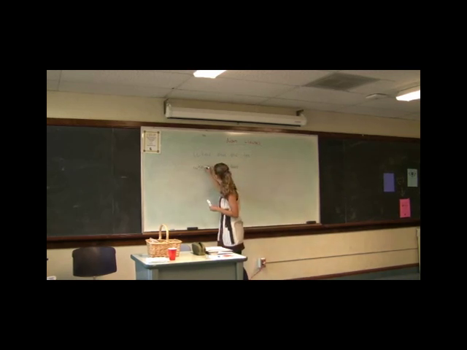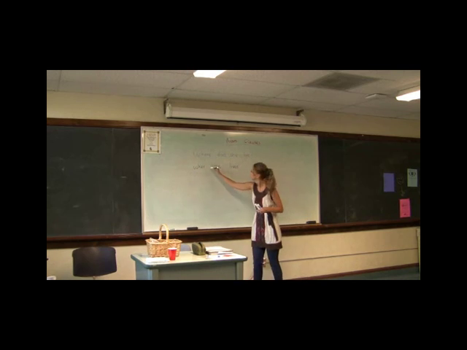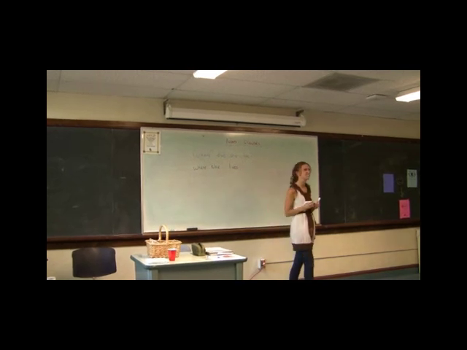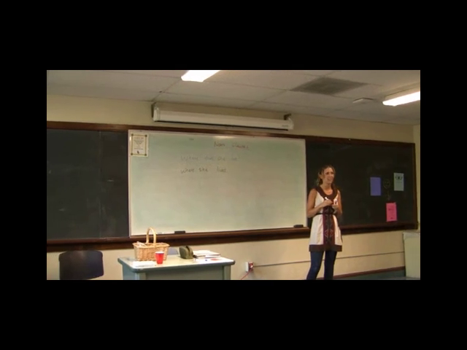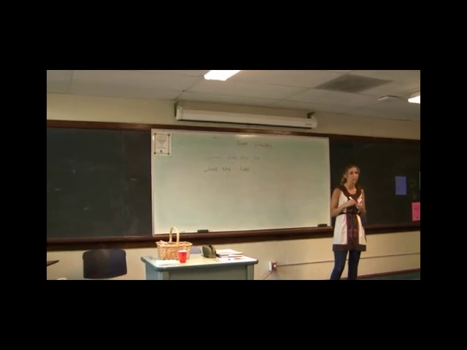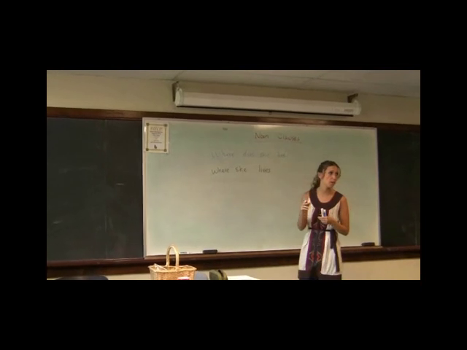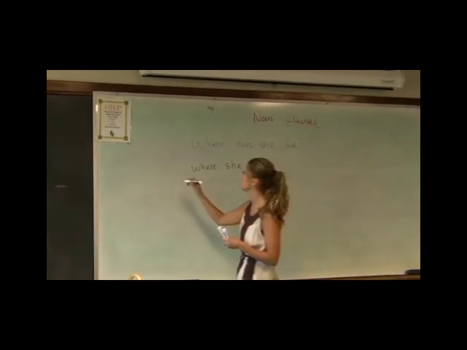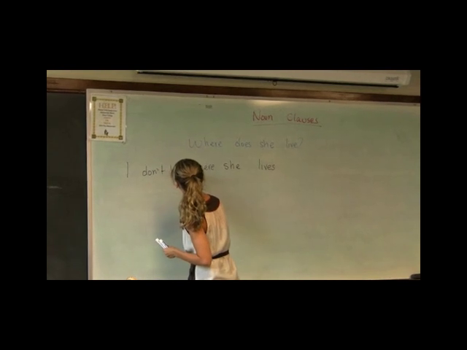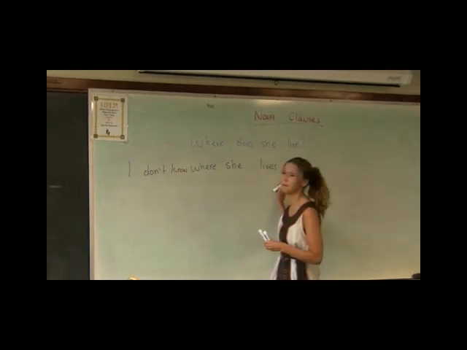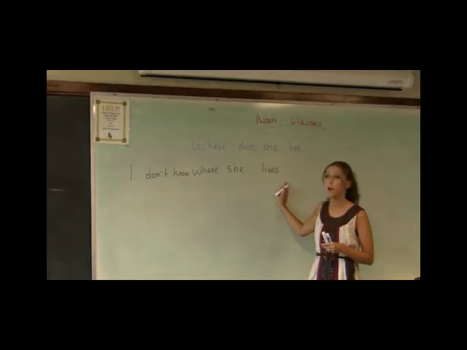What about this one? Where she lives. Can I answer this way? No. It's also incomplete. But if I put the first part of the first sentence, if I say, I don't know where she lives. Is that okay? Okay.